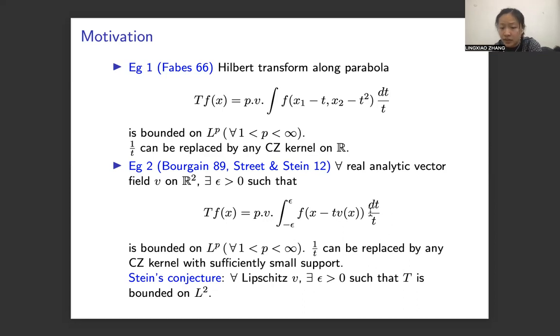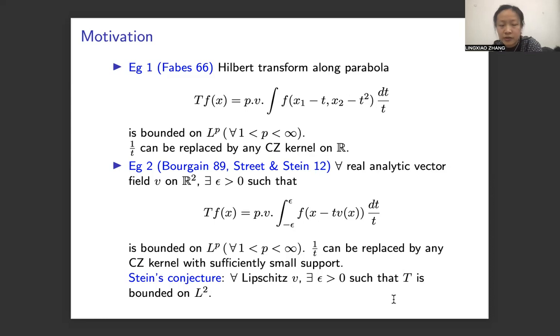And this 1 over t kernel can be replaced by any Calderón-Zygmund kernel with sufficiently small support. It is also conjectured by Stein that we only require the vector field V to be Lipschitz in order to make the operator T bounded for some epsilon. And that conjecture still remains open.